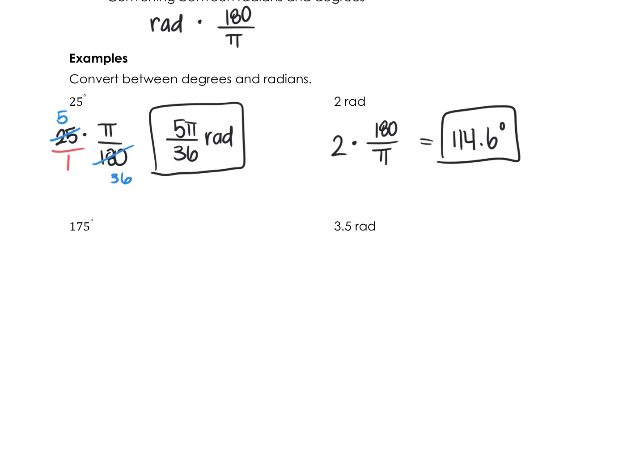Okay. Next, we have 175 degrees. So we're going to have 175 times pi over 180. I'm trying to figure out what goes into 175 and 180. I know it's not going to be 175. I know 180 isn't divisible by 25.